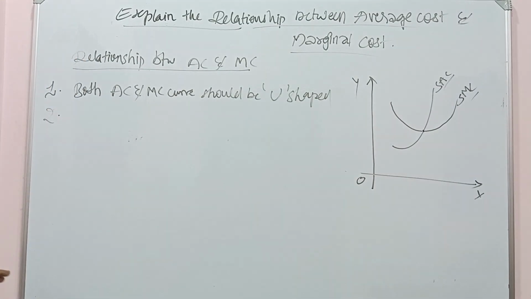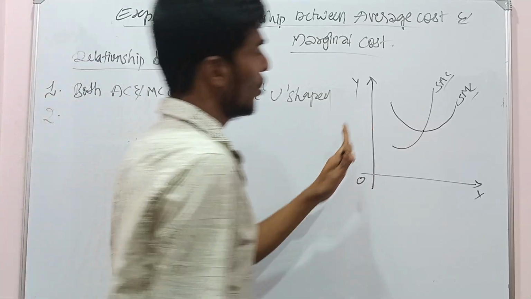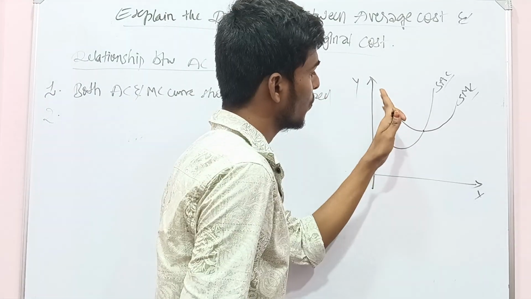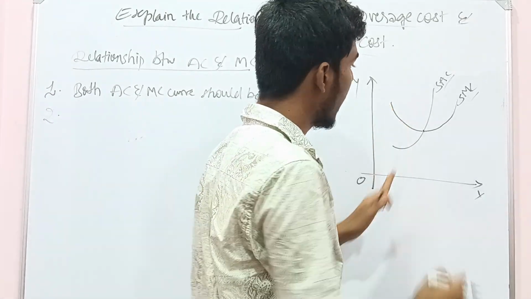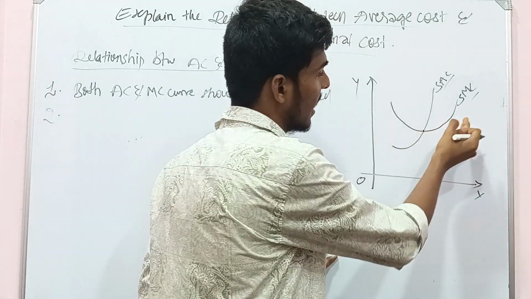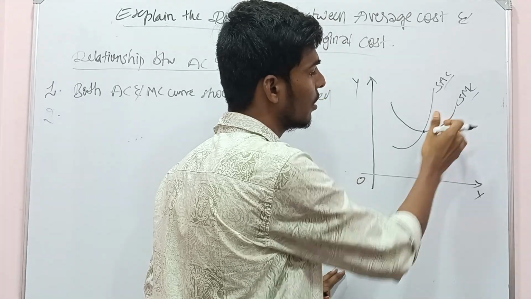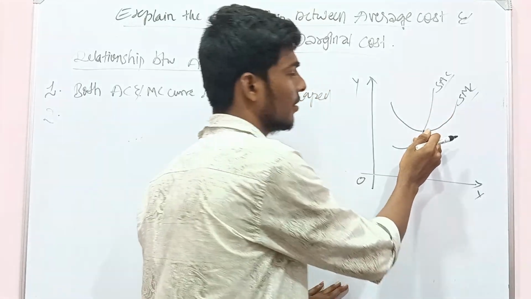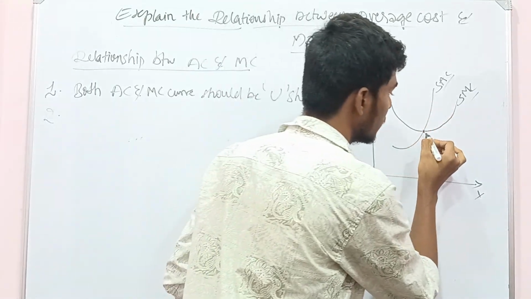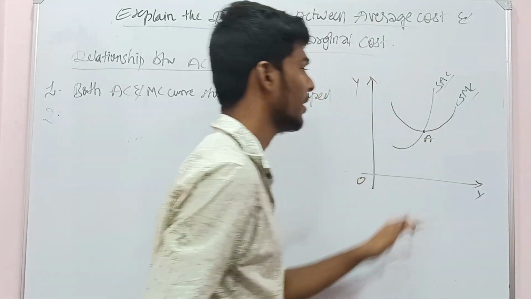Second one, both the average cost curve and marginal cost curve should be increasing after a certain point, which is called the intersecting point.